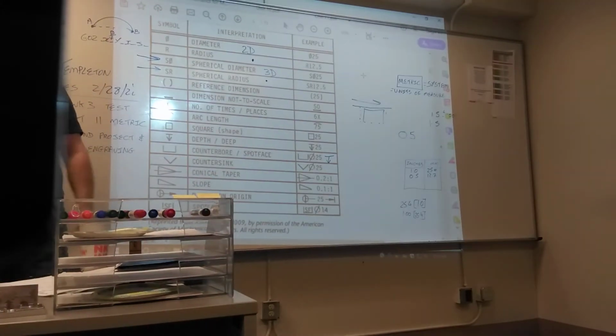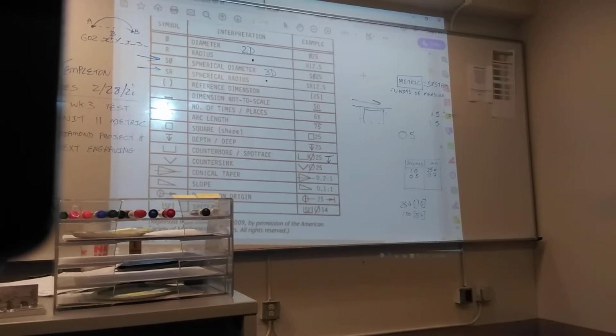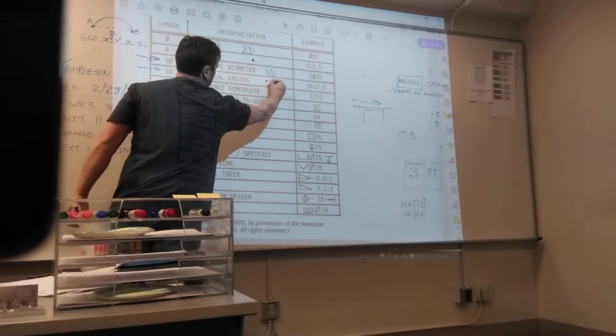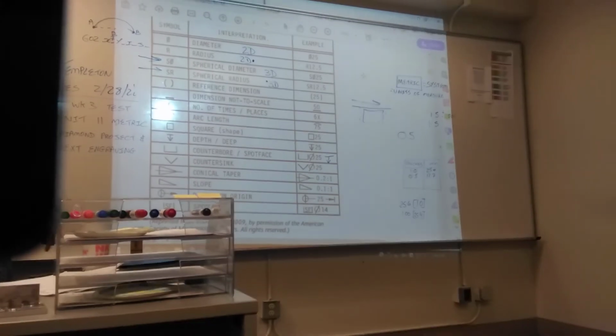Like a ball bearing, or like the Earth itself. It's round all the way. It doesn't matter what direction you go. It's a radius. But on this one, you don't have any radius on this plane. Right? So a spherical diameter and spherical radius are three-dimensional.